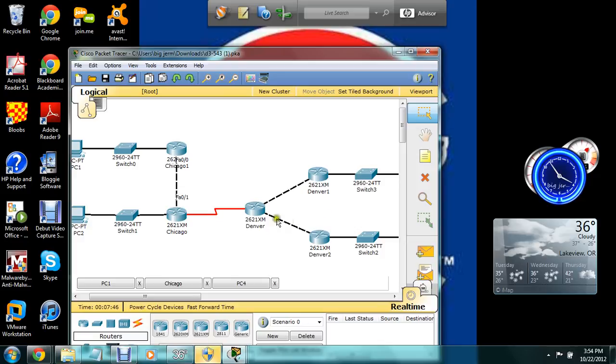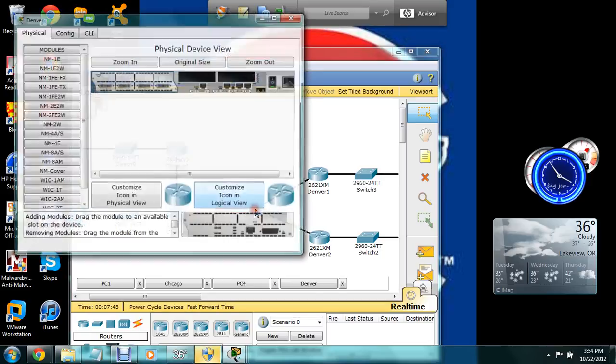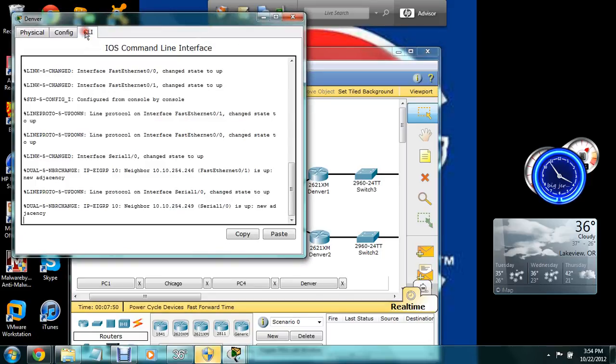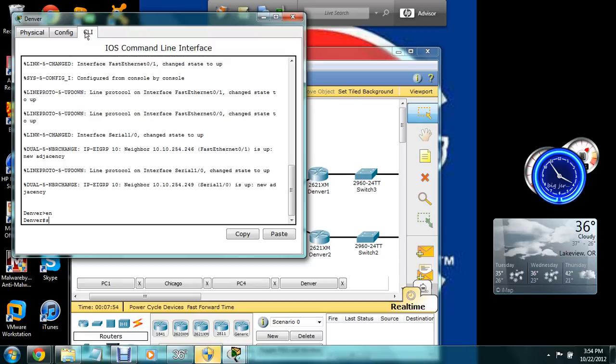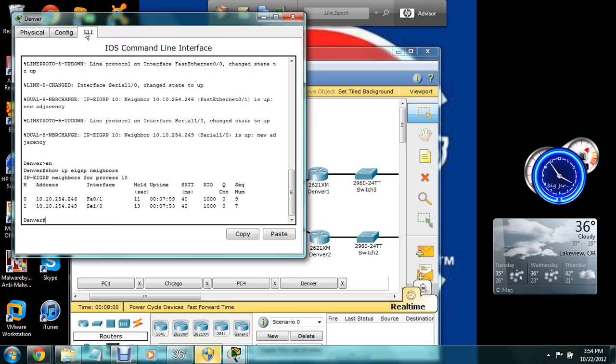So we're going to go back to our Denver router here, and we're going to go show ip eigrp neighbors, and it shows that the two neighbors I have are Fa0/1 and Serial 1/0.